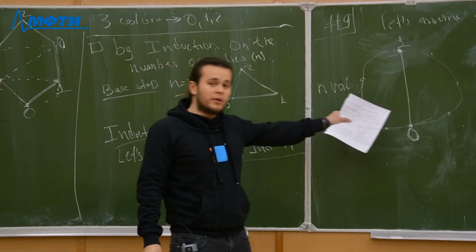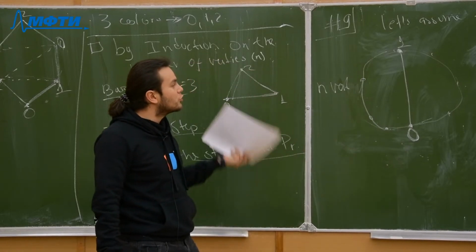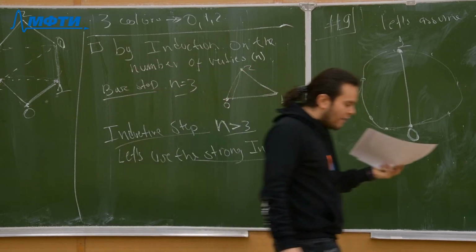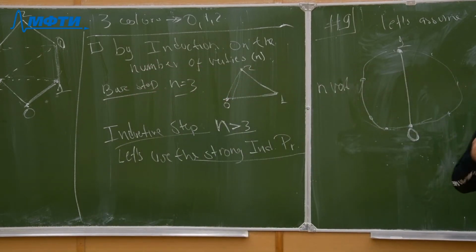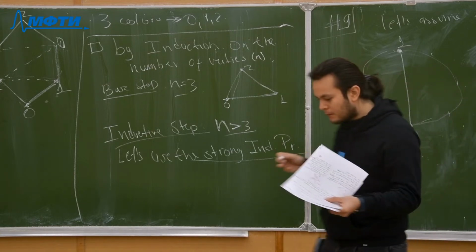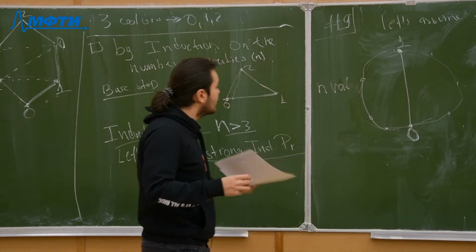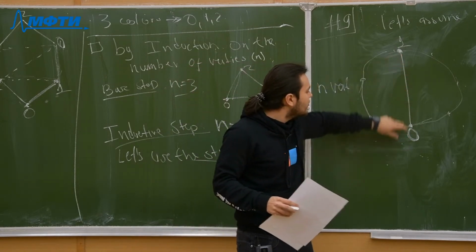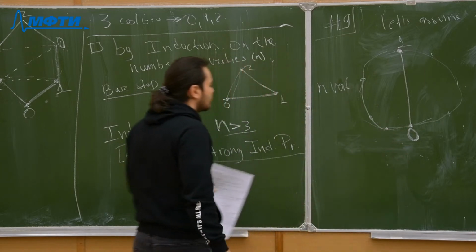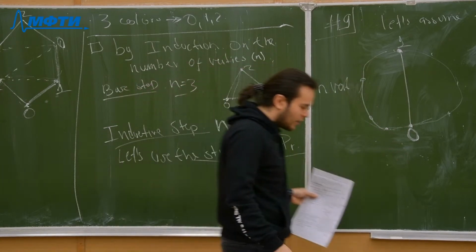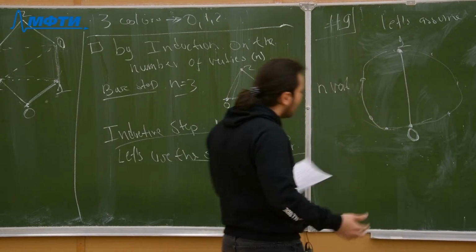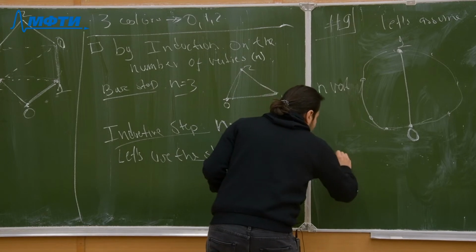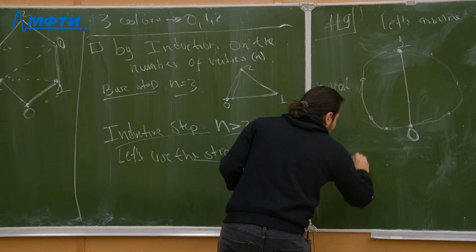So I want to do this, but how do I know that this is possible? I have to prove that I can always find a diagonal such that its vertices have different colors. Maybe this is obvious, but anyway we have to prove it. Call this some kind of lemma or something.